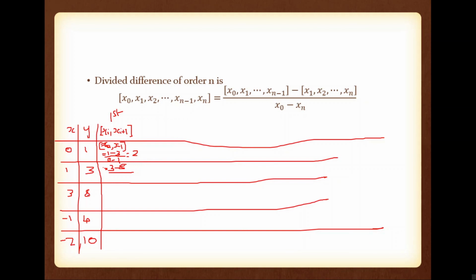What about the denominator? Current x, that is 1, minus the next x, that is 3. So 3 minus 8 divided by 1 minus 3, equal to 2.5, right? 2.5, okay. Now what is this element? Give me the data.